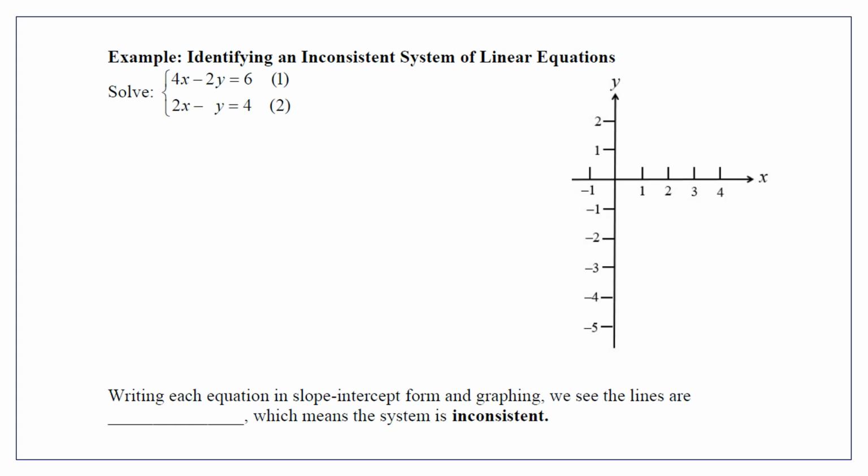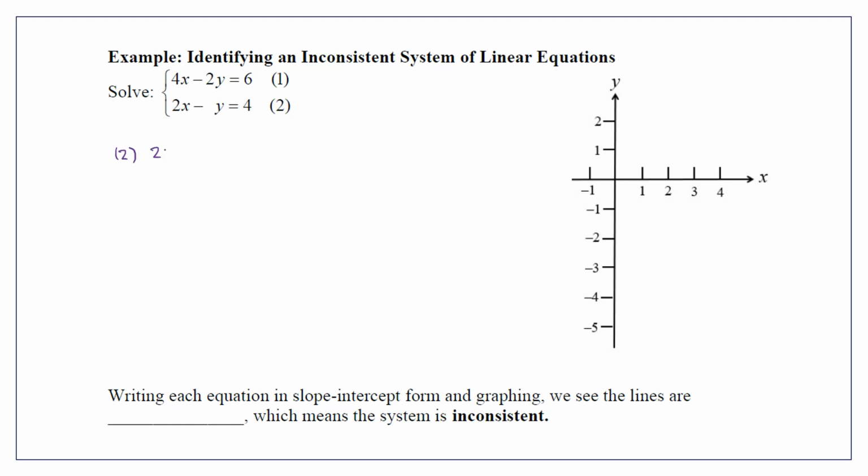I could use elimination if I wanted to, but since my coefficients here are rather small and they're all divisible by 2, I know I'll be able to easily use substitution to get my answer. All right, so I am going to take my equation number 2 and I'm going to solve for y.